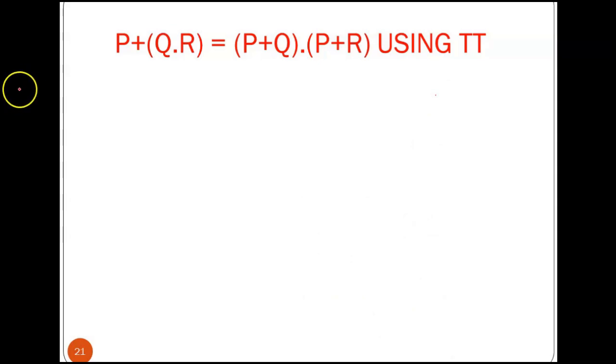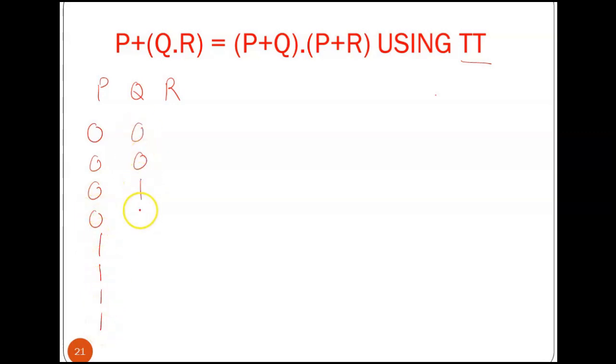Now P + (Q·R) = (P+Q)·(P+R), again using the truth table method. So P, Q, R. Start with P, fill it with 4 zeros, then 4 ones, then 2 zeros, 2 ones, 2 zeros, 2 ones, then 0 1, 0 1, 0 1, and 0 1. Now Q dot R. If both are true, the output will be true.